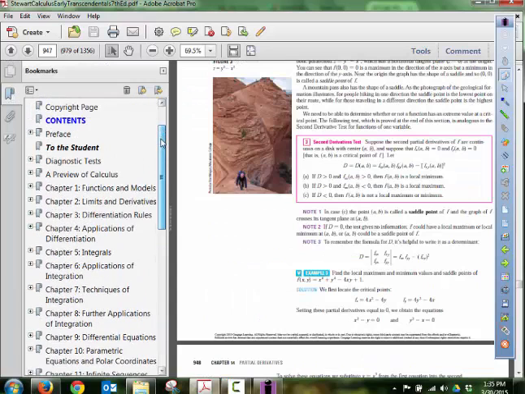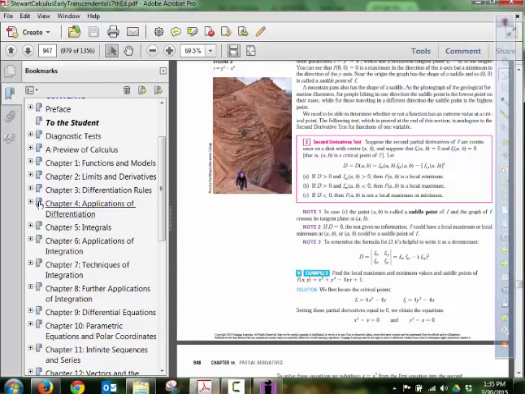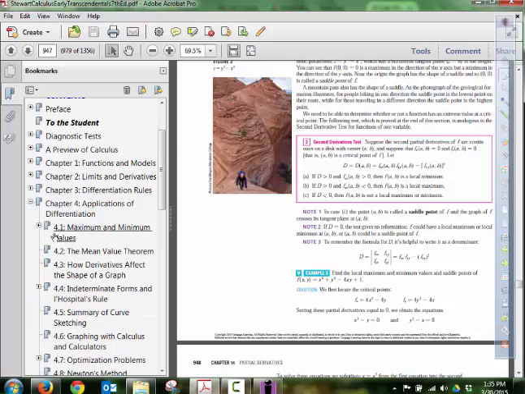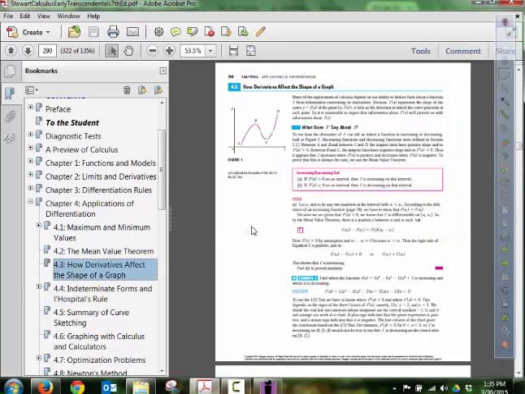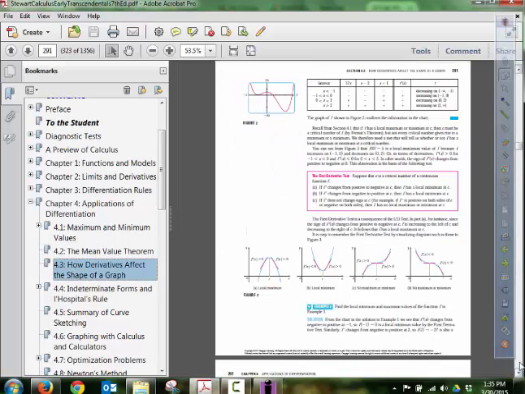If you look at Calculus 1, applications of differentiation, finding maximum, minimum values, maybe shape of the graph, increasing, decreasing, first derivative test.